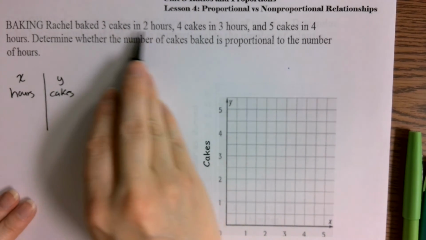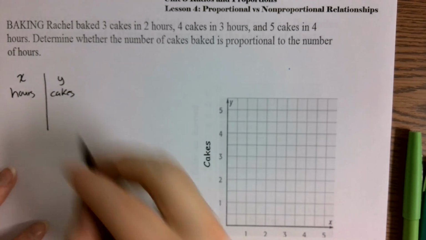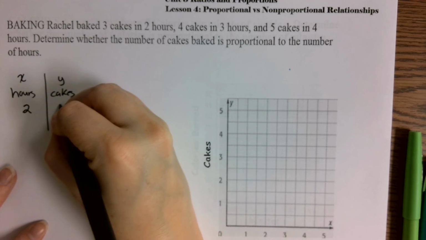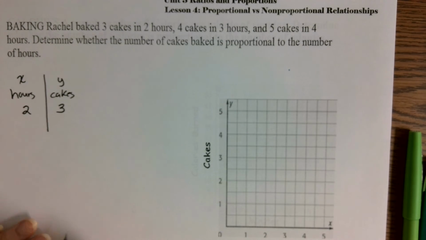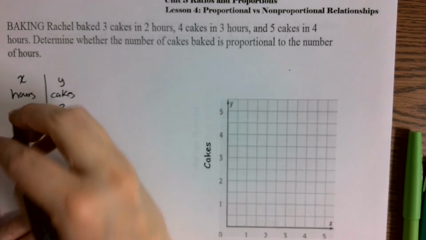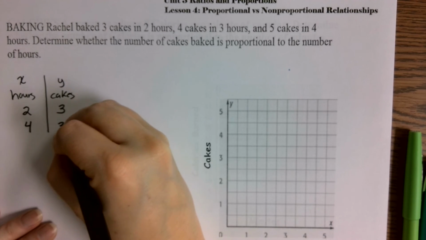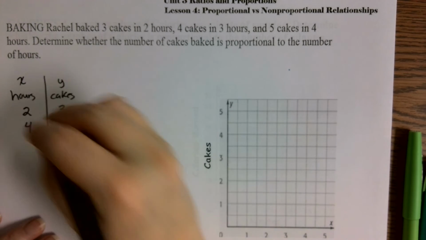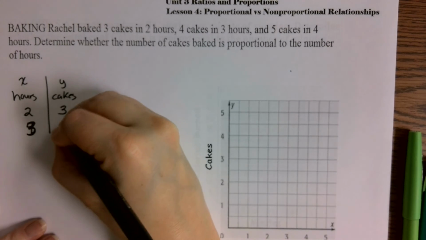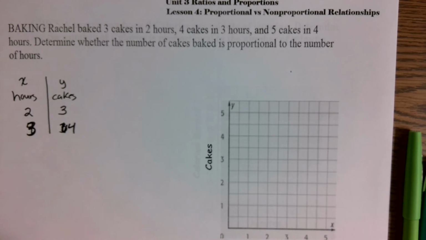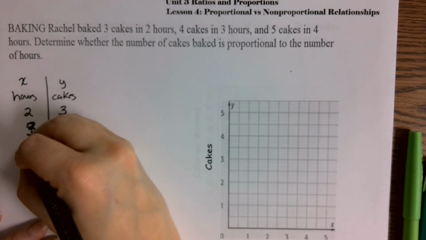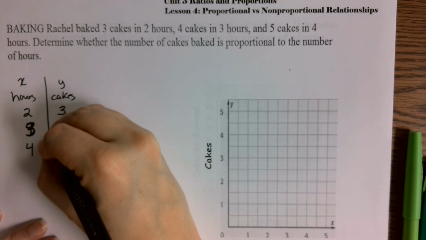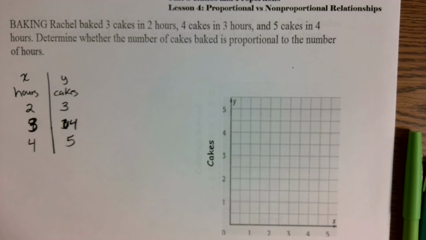For the first thing, it says 3 cakes, 2 hours. So that means we're going to have it at 2, 3. Then we've got 4 cakes, 3 hours. This is 3, 4, sorry, I had it backwards. Then we've got 5 cakes in 4 hours. So 4, 5. So there's going to be our table of information.